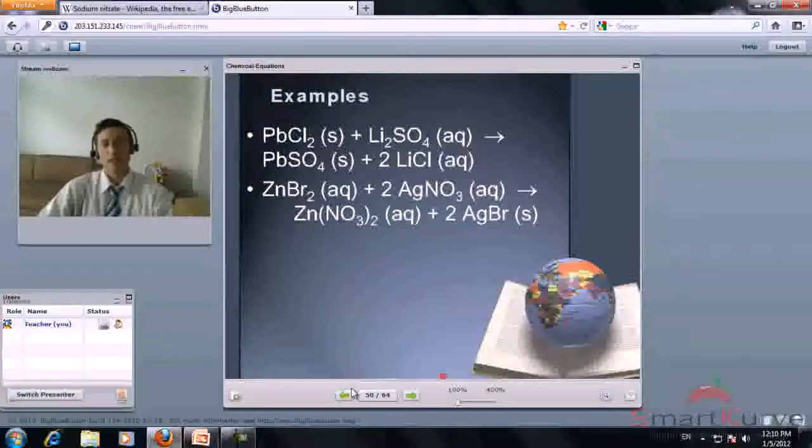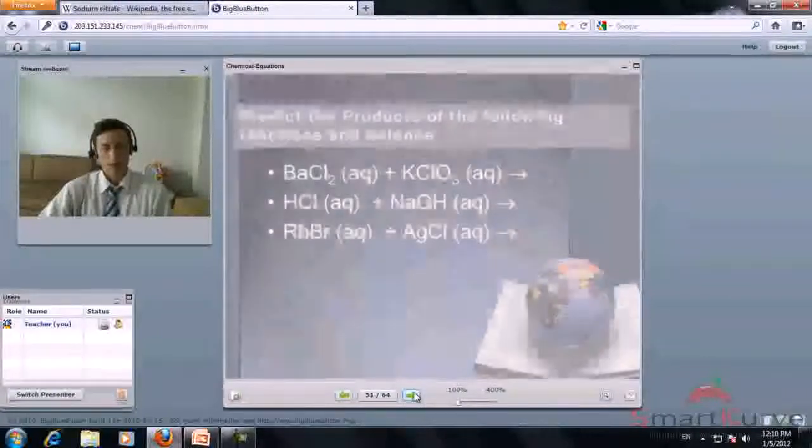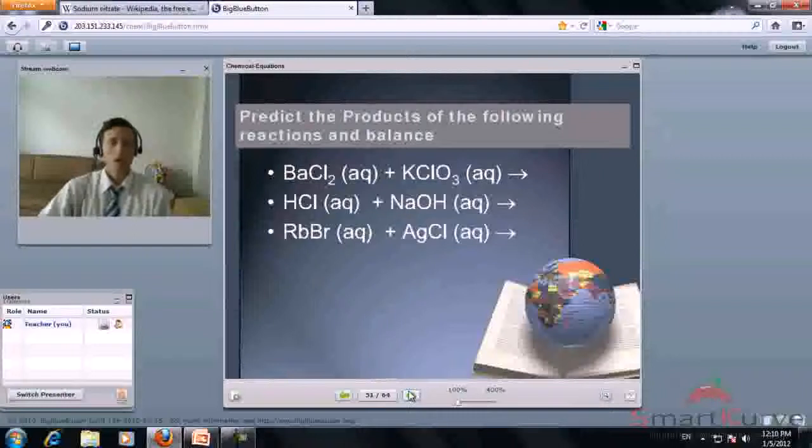We have zinc bromide and silver nitrate. We end up with zinc nitrate and silver bromide. Predict the products of the following reactions. All right, so we're going to have another switch there.